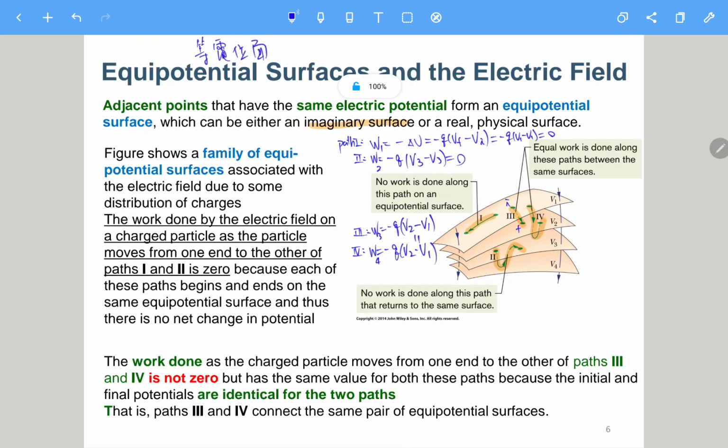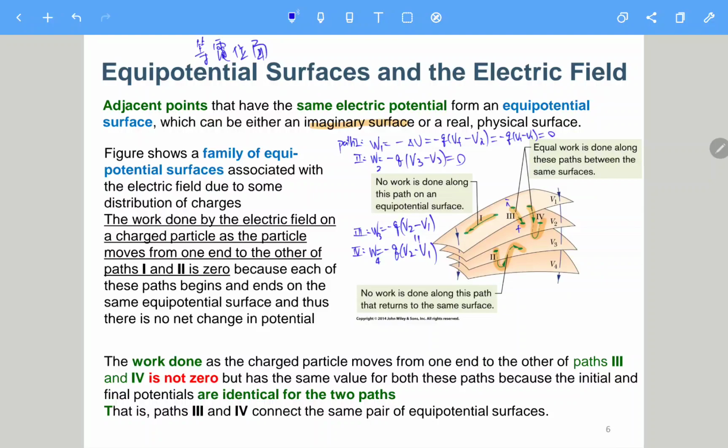Here it says that because each of paths 1 and 2 begins and ends on the same equipotential surface, there is no net change in potential. And the work done as the charged particle moves from one end to another of path 3 and path 4 is not 0, but has the same value.